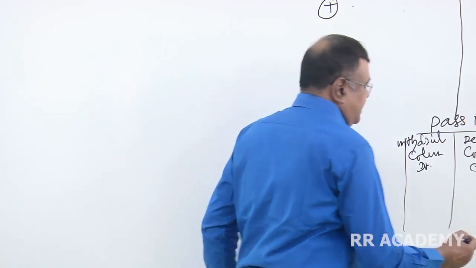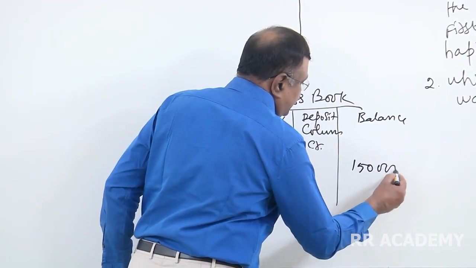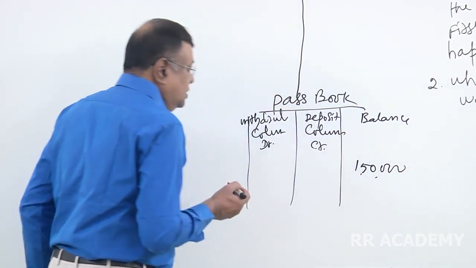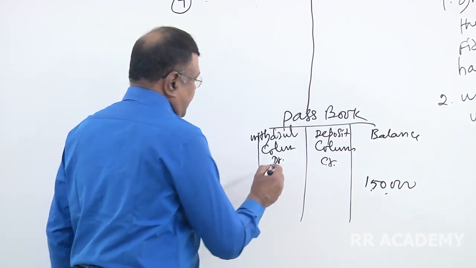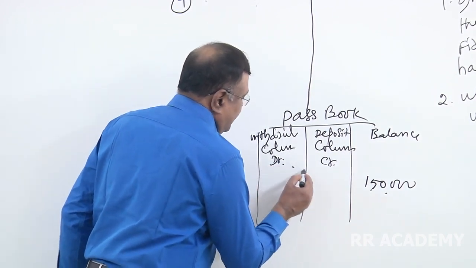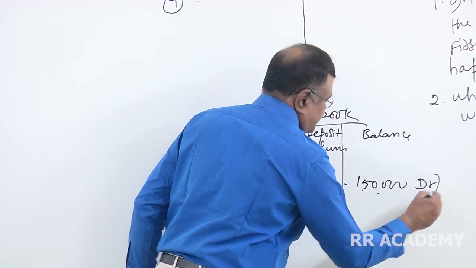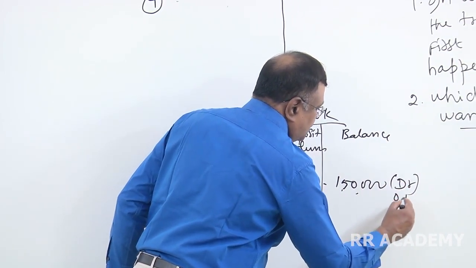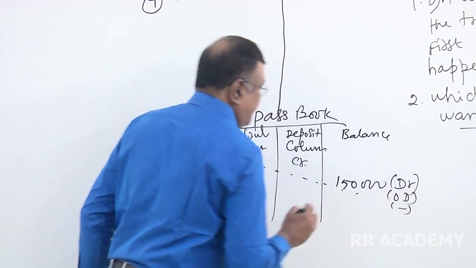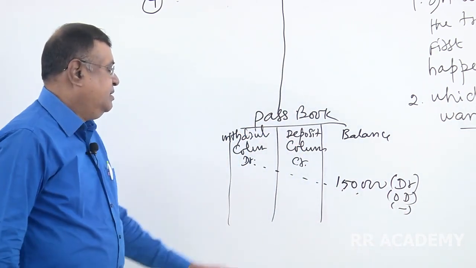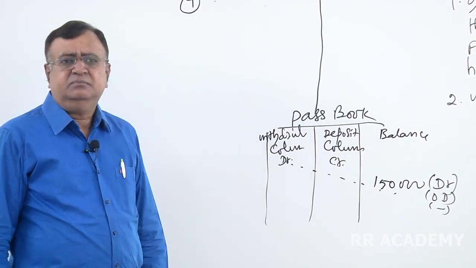Suppose, for example, bank allows OD facility. You take up to 1,50,000. Okay, that means what balance is it? Debit balance. Yes, debit balance means overdraft, overdraft minus sign. That means bank says, you take 1,50,000.